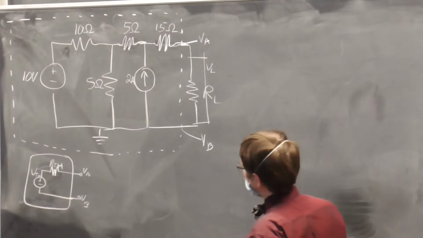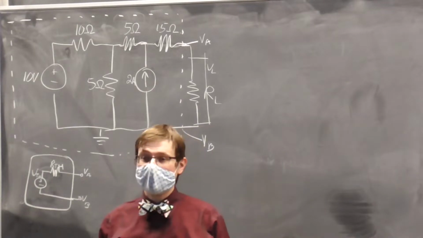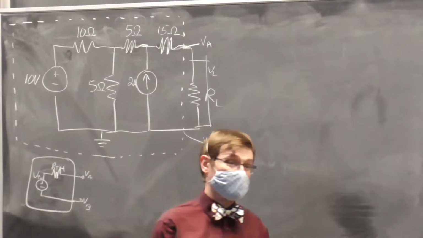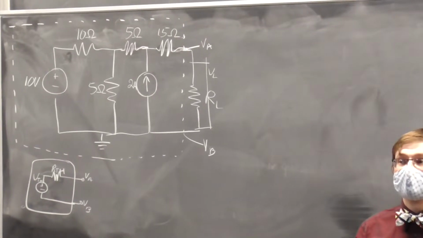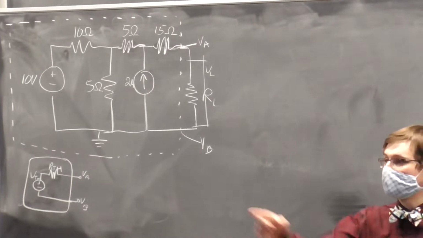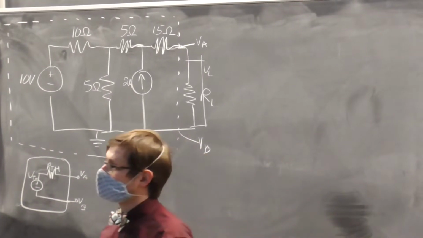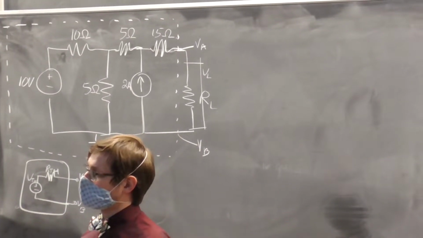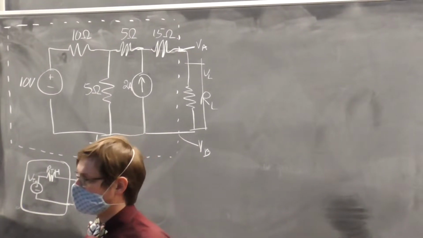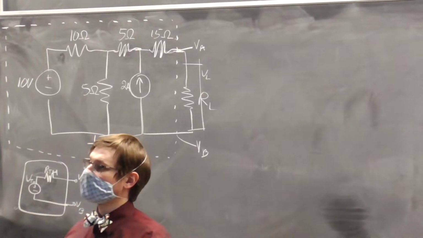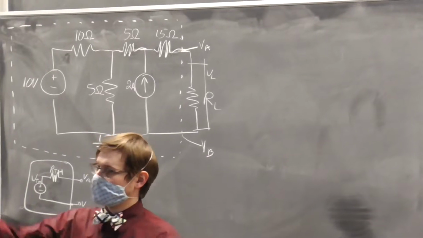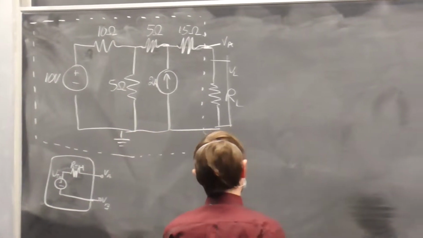So, who can remember what the first step in calculating Thevenin resistance is? Yes? I believe it's rewrite all the voltage sources as short circuits, and current sources as open circuits, and then calculate the total resistance. That's it. So, we rewrite this.